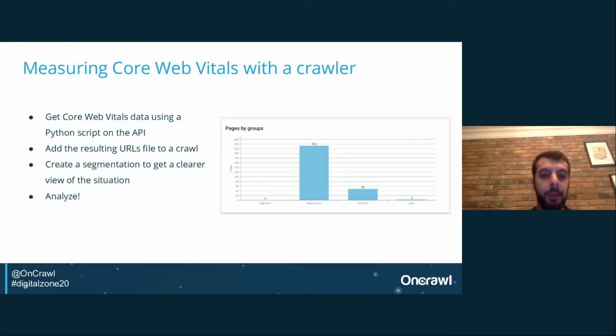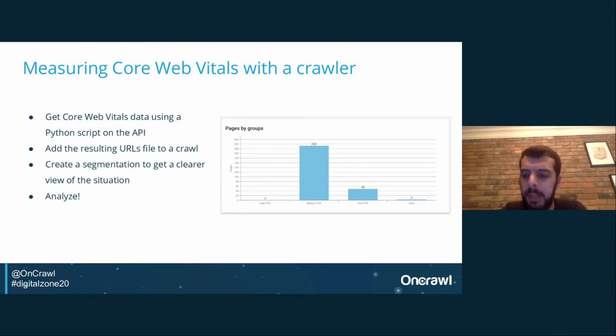Basically, the goal is to get Core Web Vitals data using a Python script on the API, and then add the resulting URLs, files, and the data inside to a crawl, and then be able to create a segmentation to get a clear view of the situation, and then analyze the data.